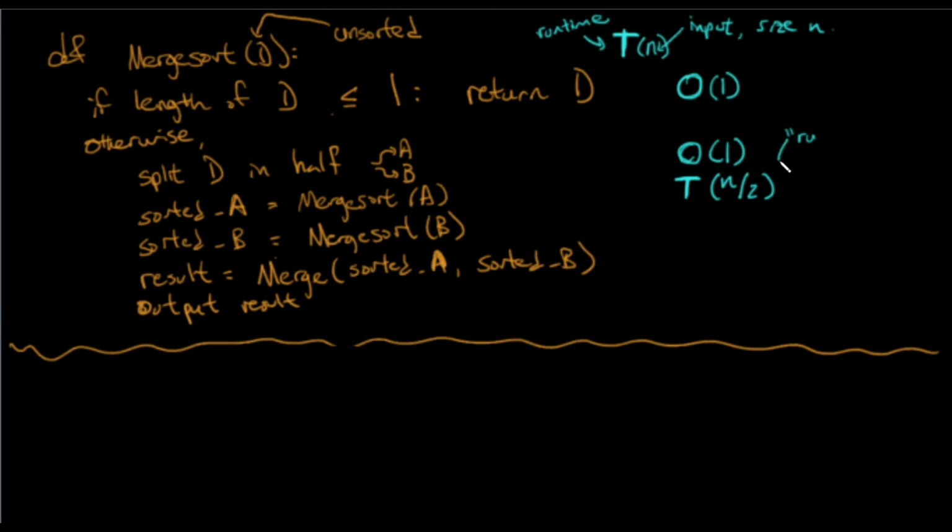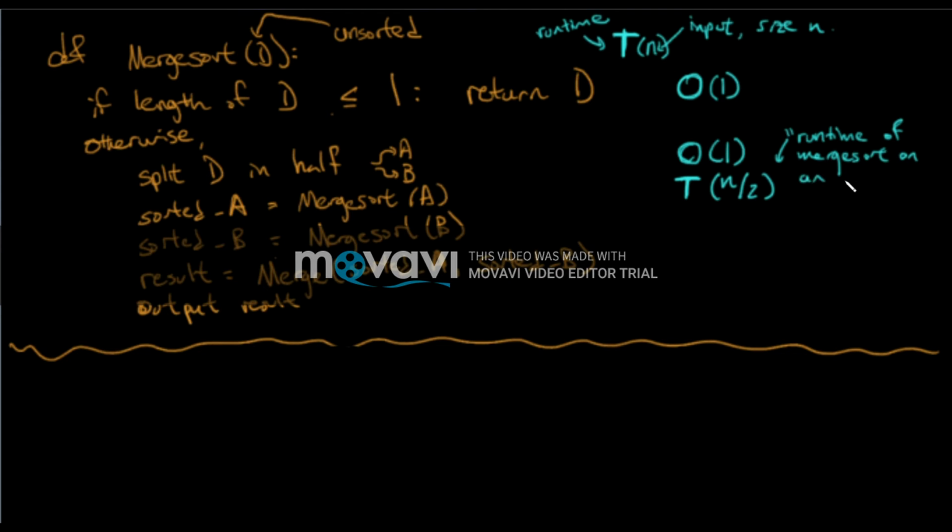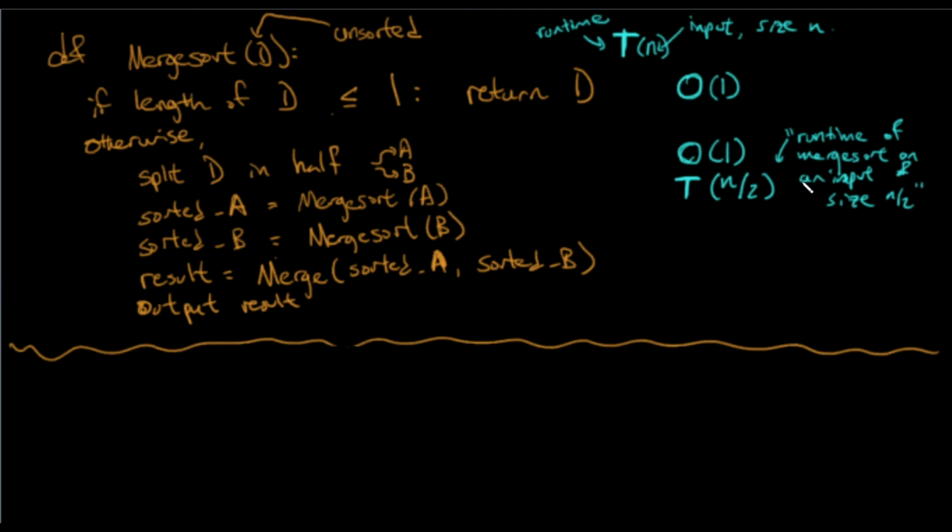This is the runtime of merge sort on an input of size n over 2. Likewise, this will be the same thing.